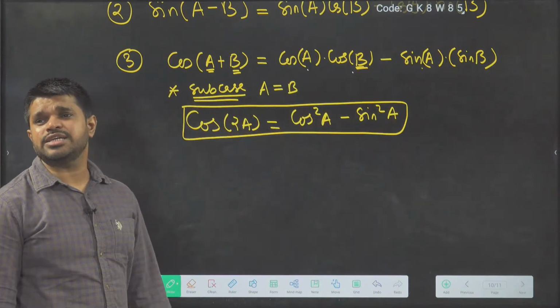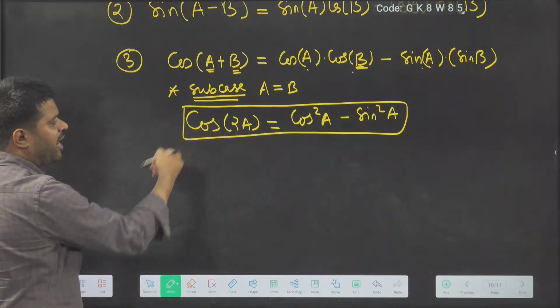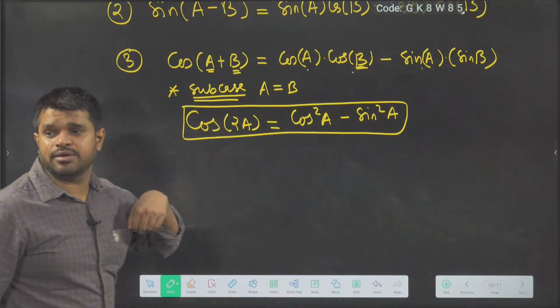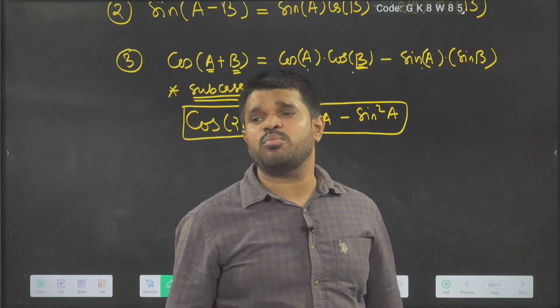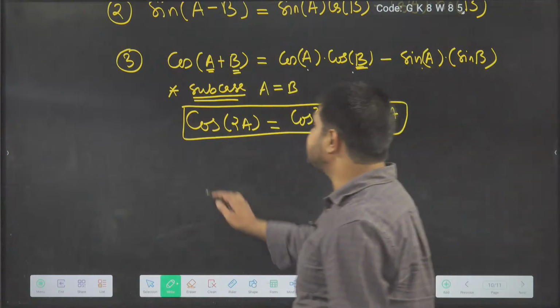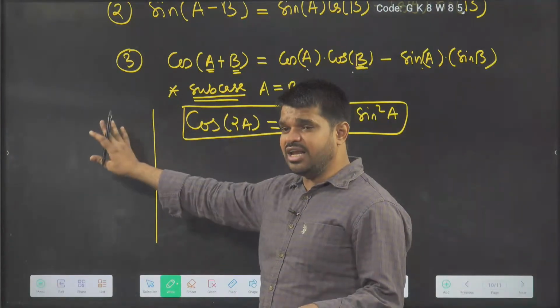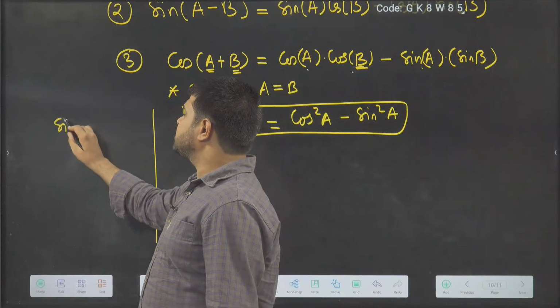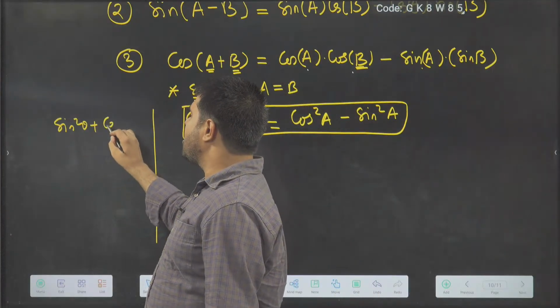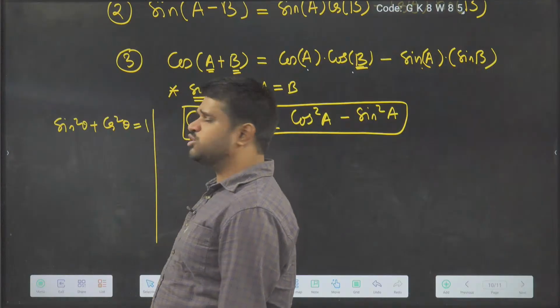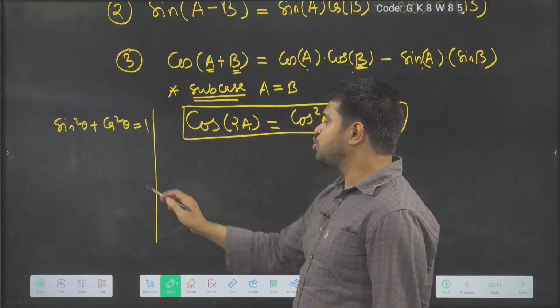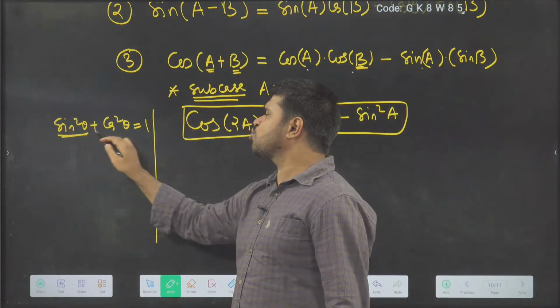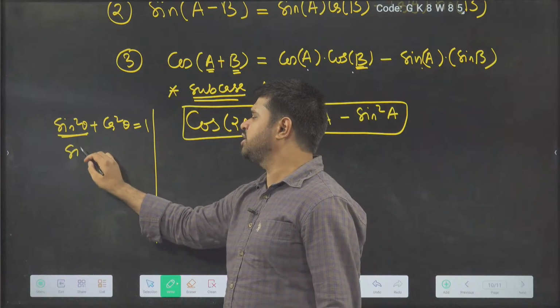Now understand one thing. We can write this formula in two more manners. Understand what I am using. I will write the formula directly. Sine square theta plus cos square theta equals 1. So you can write sine square theta as 1 minus cos square theta.